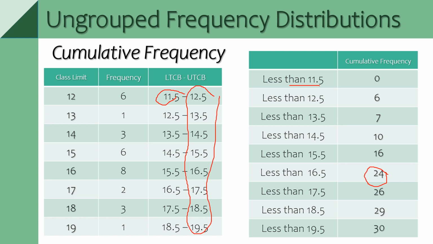So meron namang pwede din sabihin na 10 SUVs having less than 14.5 miles per gallon na gas. Okay, so ganun lang yun.